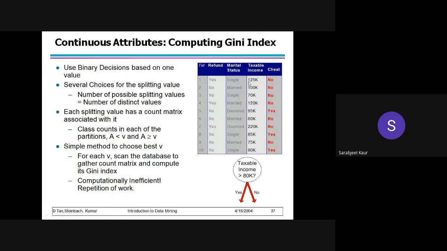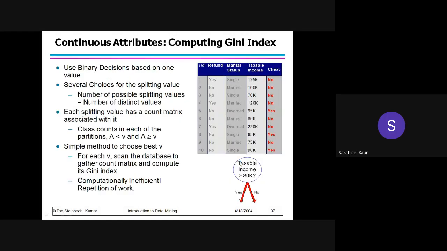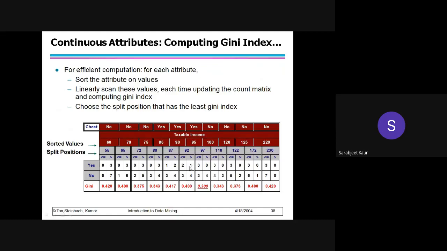So as soon as 125K comes, we check if it is greater than 122, and if it is a yes, then we up the count of yes. If it is no, then we up the count of no. So greater than 122, we've chosen these split points, and we come here and we increase the count by 1.